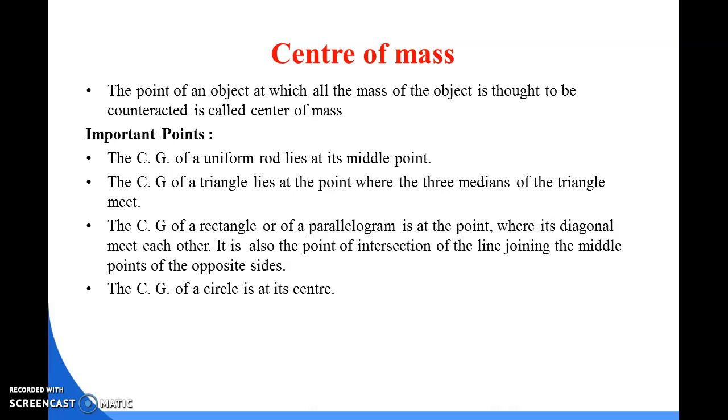It is also the point of intersection of the lines joining the middle points of the opposite sides. And the CG of a circular section is at its center. Hence, the centroid and the CG of a circular section are the same.